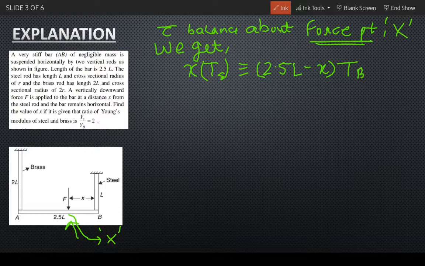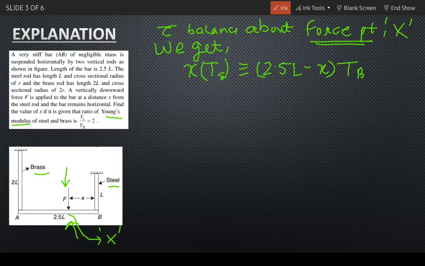Here, as there is a force applied, we assume that the length of the steel and brass rods will definitely increase, as we are given in the question the Young's modulus ratio of both the rods.